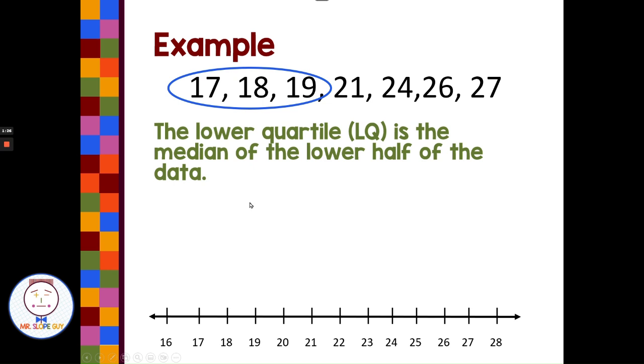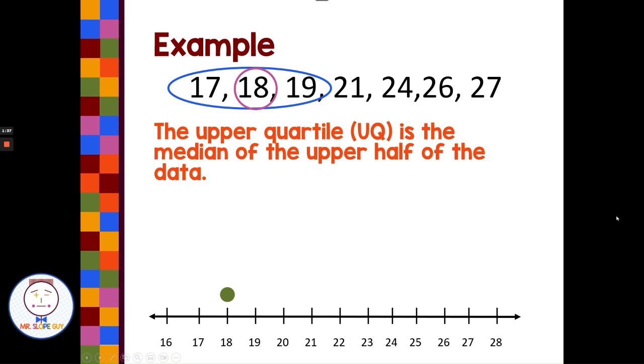Well, the median of the lower half is 18, so we're going to put a dot above 18. And then the next thing we're going to find is the upper quartile, or the median of the upper half of the data. So I have my upper half as 24, 26, 27, and the median of that will be 26. So I'm going to put a point above 26.